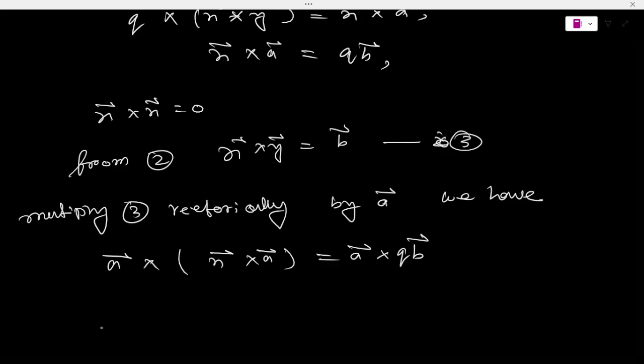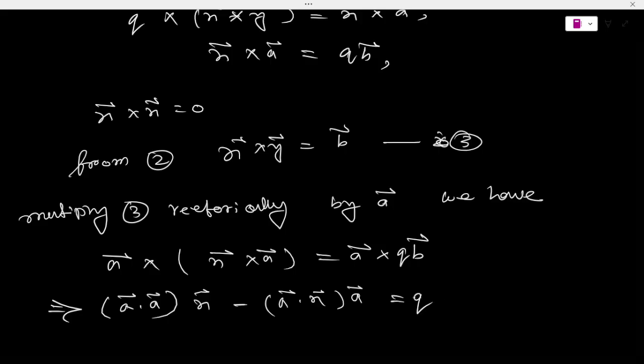After that it will be a vector cross of a vector dot a vector into x, a vector dot x is equal to q of a cross of b vector.